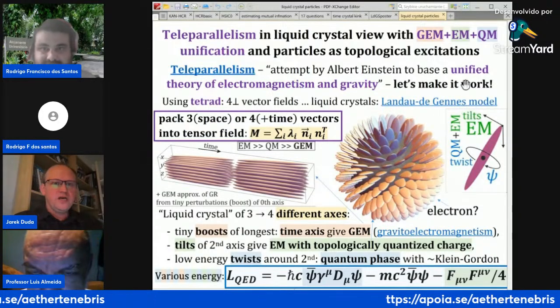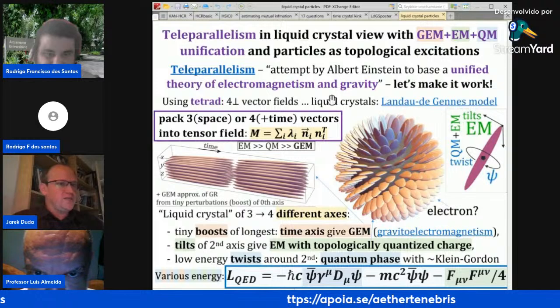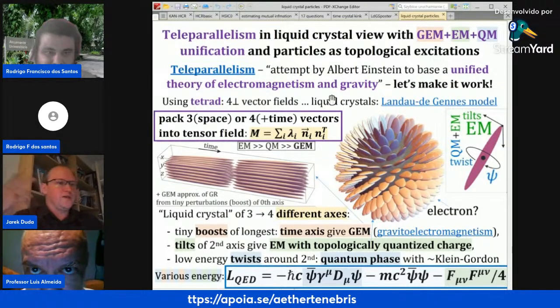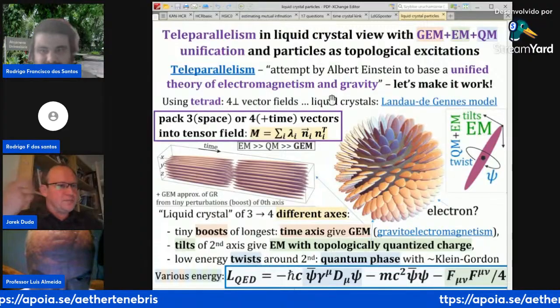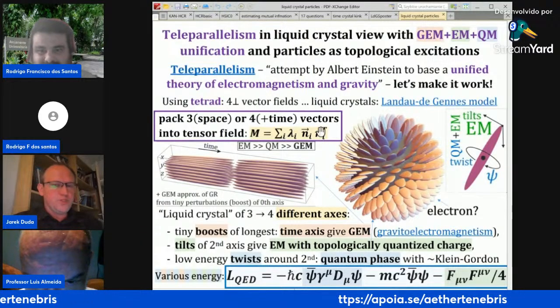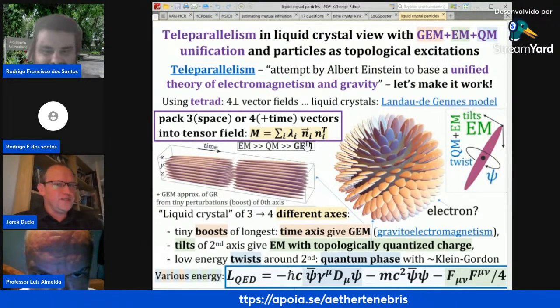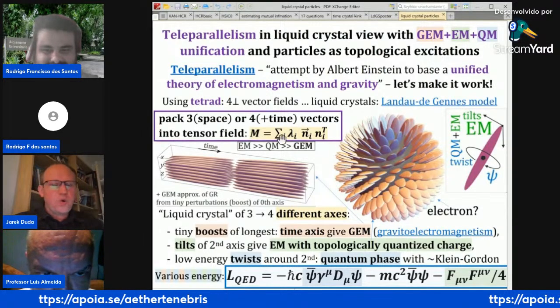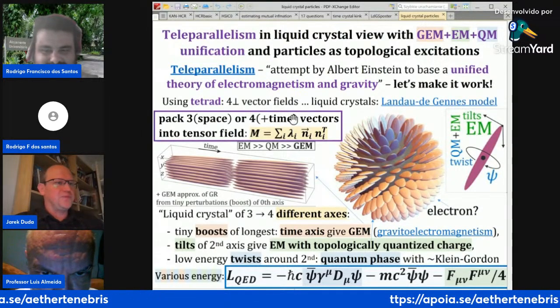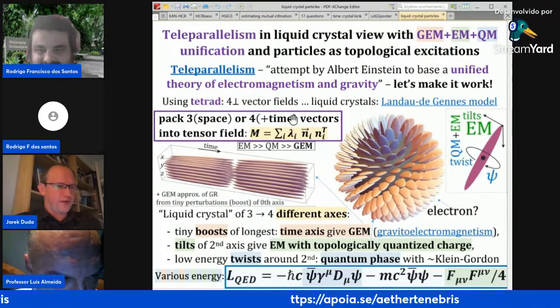As in teleparallelism we use four orthogonal vector fields, here we can pack them into one tensor field, but it requires that we distinguish their lengths.